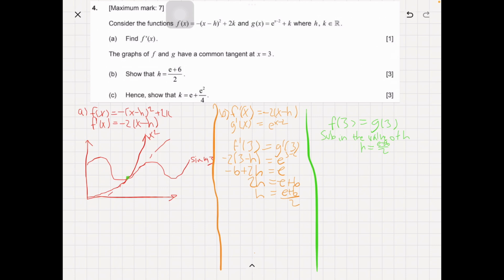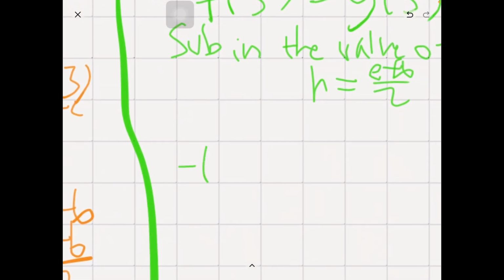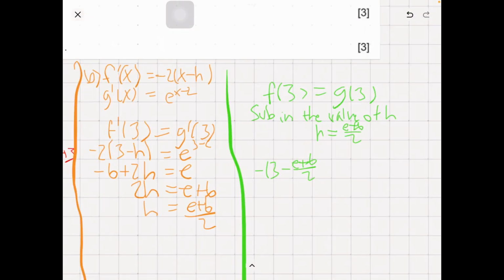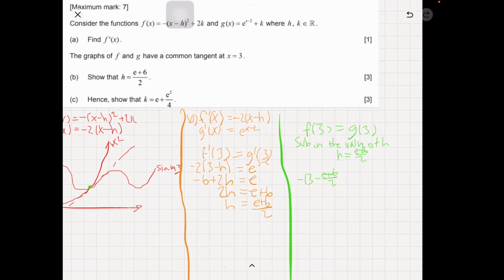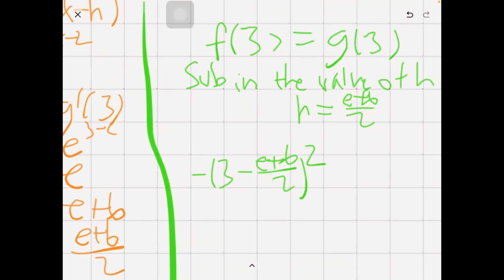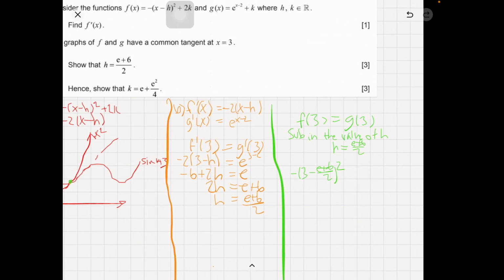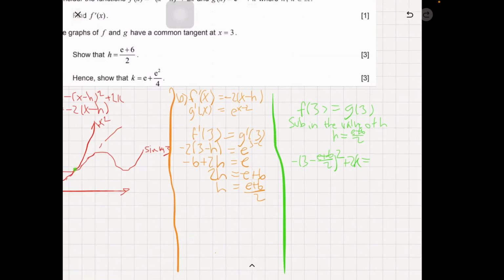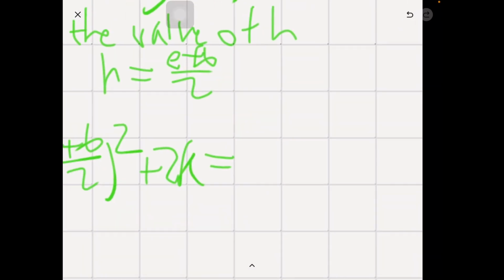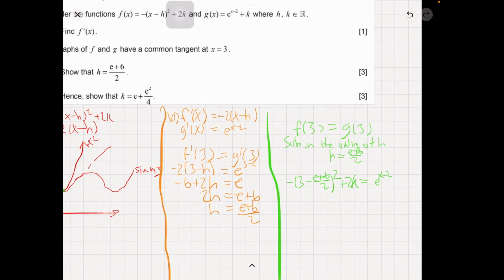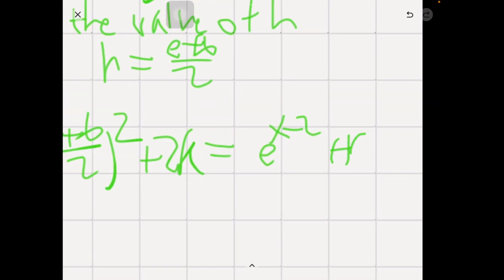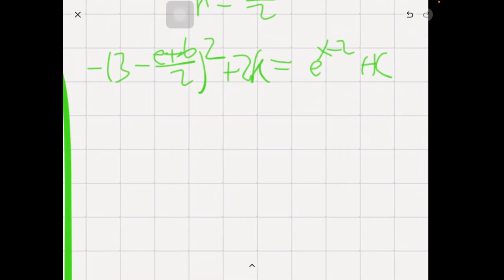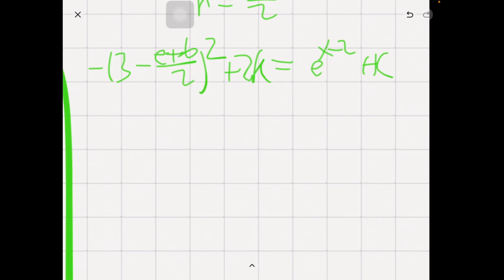Okay, so now we have negative (3 minus (e plus 6) over 2) squared plus 2k is equal to e to the x minus 2 plus k. So now that we have this equation, we can just rearrange for k using algebra.